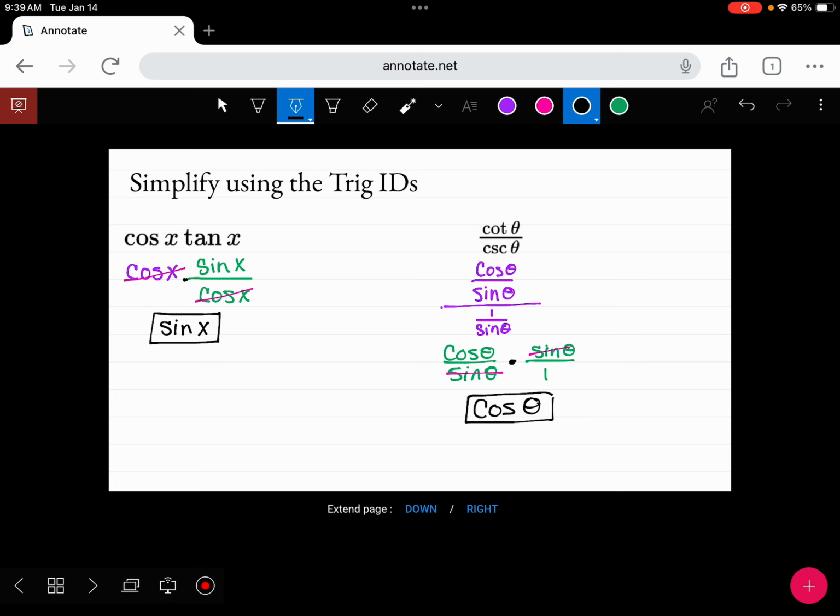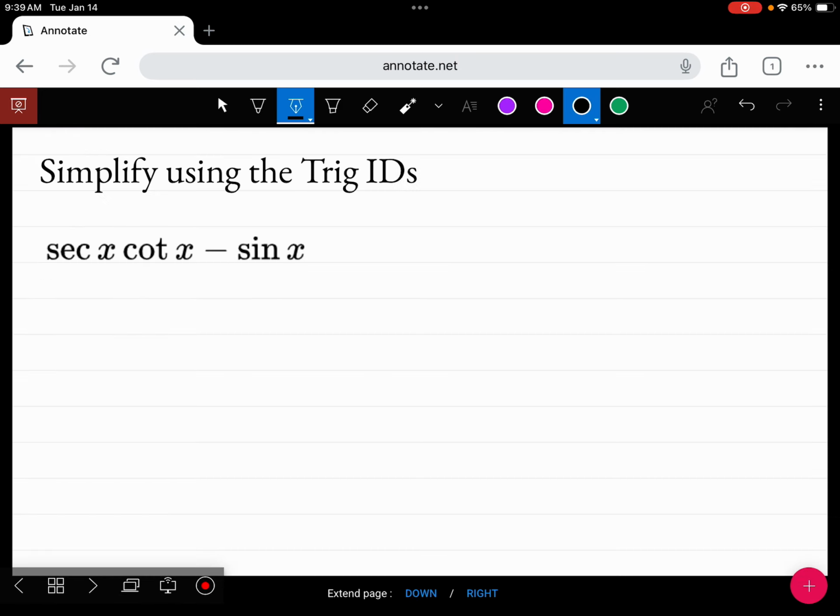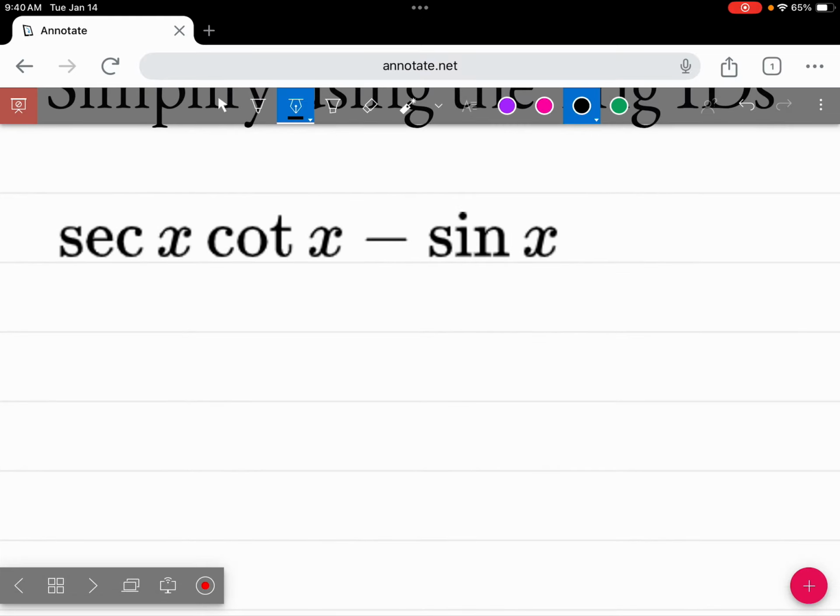Let's do one more. A little bit bigger. So again, we're using x here. So we've got secant of x times cotangent of x minus sine of x. And we're going to go ahead and simplify as far as we can go, make it as simple as we can get. So I'm going to write these in terms of sines and cosines as our way to get started.